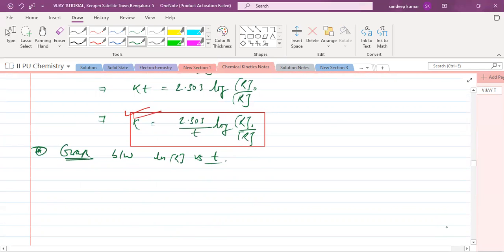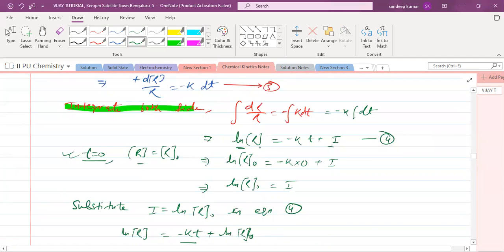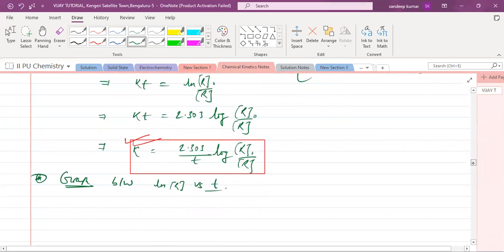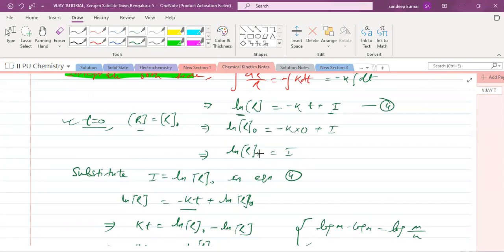When you consider equation 4 and substitute I is equal to ln R0, let it be equation 5. From equation 5, ln R is equal to minus kt plus ln R0.